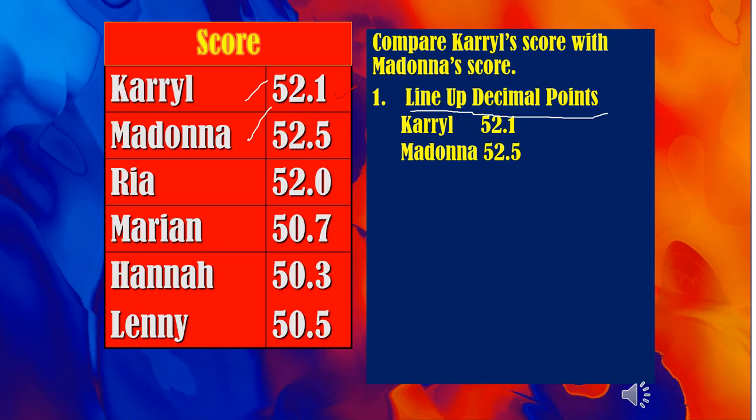So we have Karil 52.1 and Madonna 52.5. The decimal points must be aligned to each other.